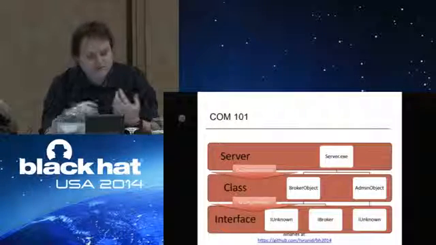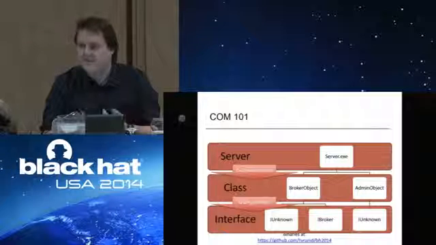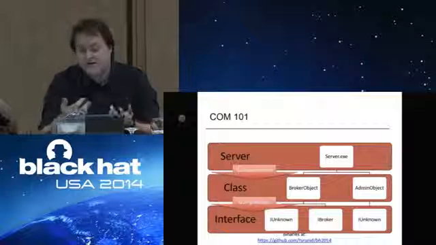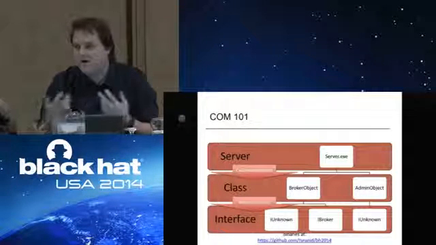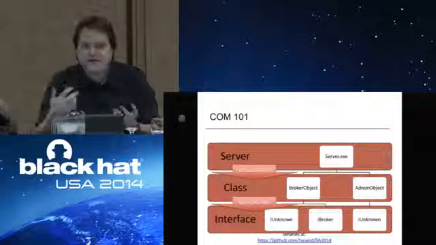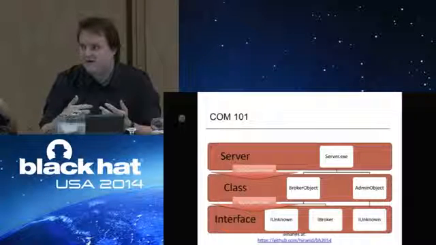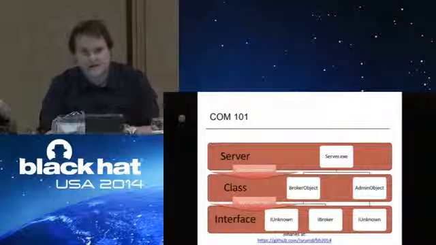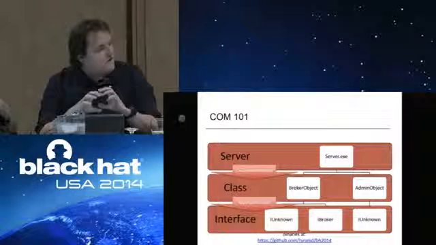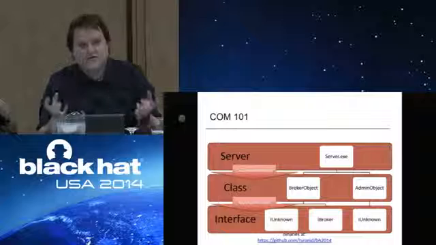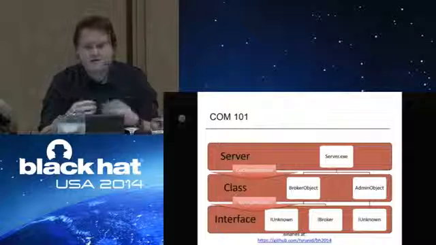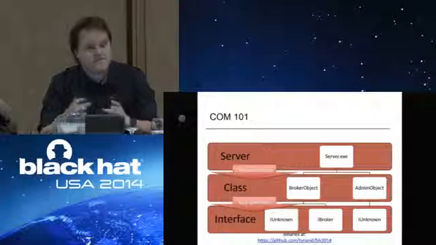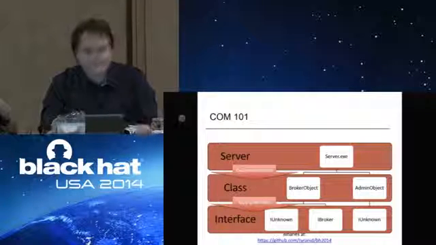There are three main concepts in the way COM works. The acronym is basically Component Object Model. It's designed for sharing objects without worrying about binary compatibility, which is something C++ has traditionally not done very well. At the top, you have what is called a server. A server could be an executable or a DLL, and this is the block of code which implements your COM objects.